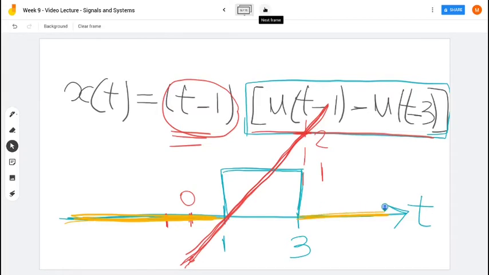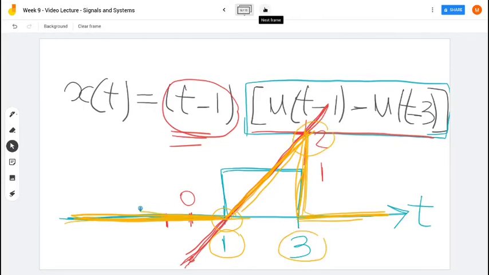And the only part of the straight line which will not be multiplied by a 0 is this part. It's multiplied by a 1. So this is the only part of the straight line which will be kept, actually. So x of t, the input, is kind of a straight line starting at instant 1 at a value of 0 and ending up at instant 3 with a value of 2, and it will be 0 otherwise.